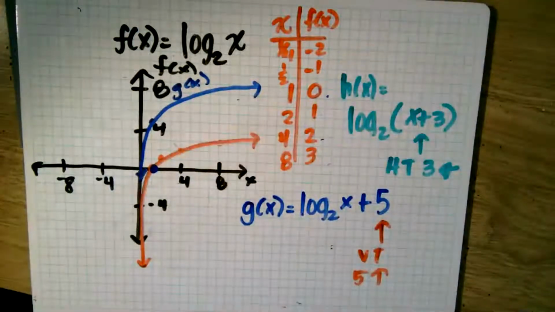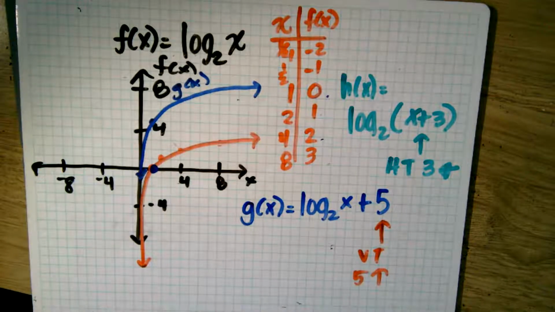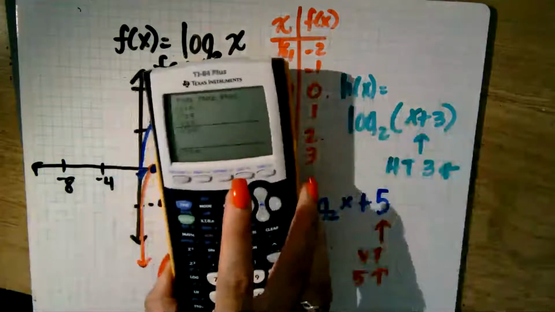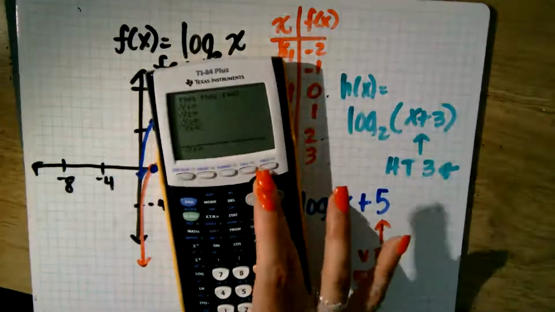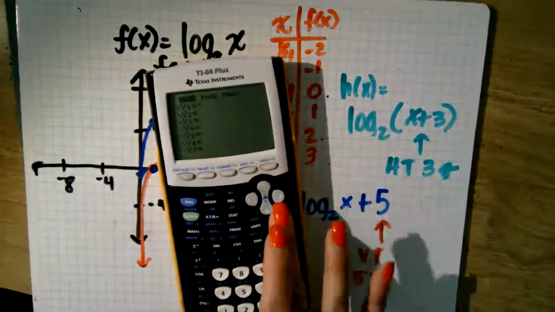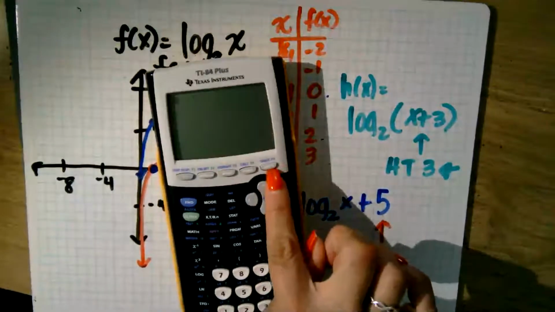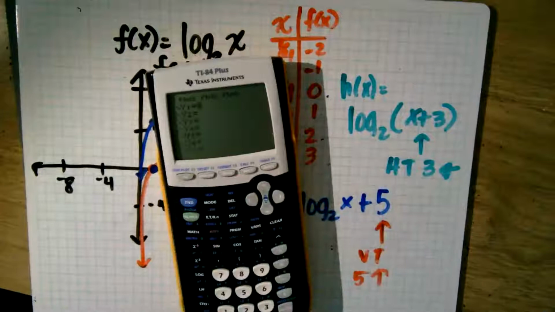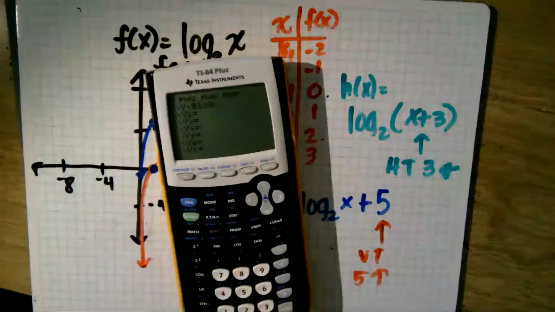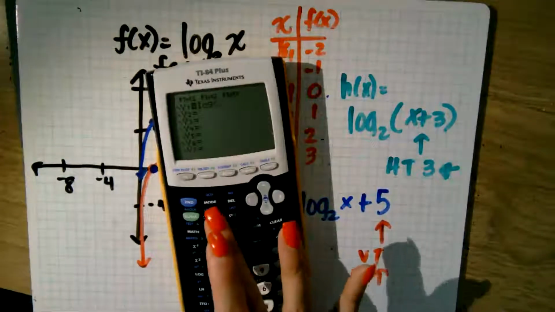Let's see what that gives us. I'm going to go ahead and use my calculator and graph. I also want to teach you how to do this. Notice I went onto my graphing calculator. I'm going to hit my y equals right here, and on the first one, for the sake of this, I'm just going to leave it as log and put x plus 3.